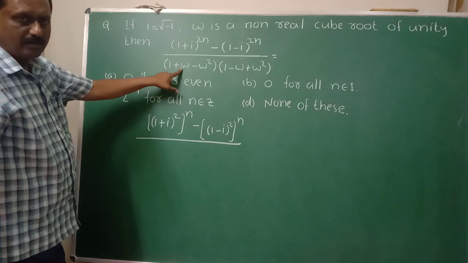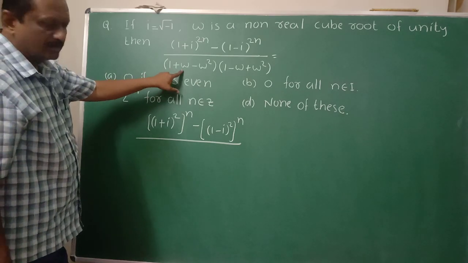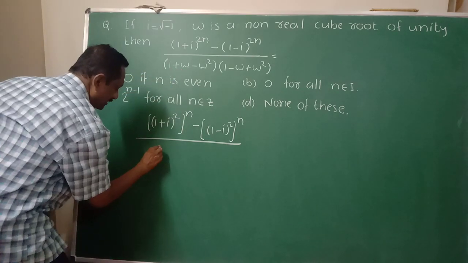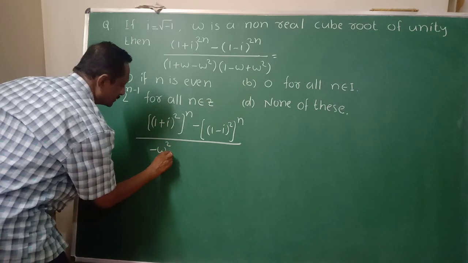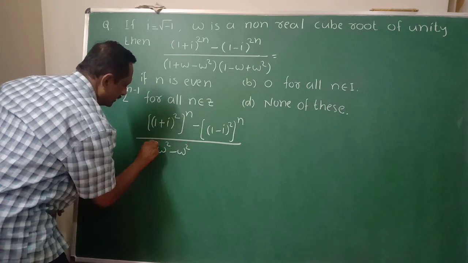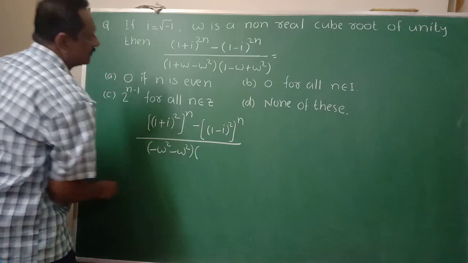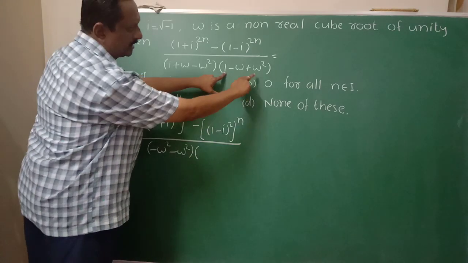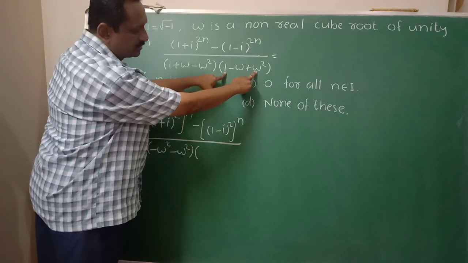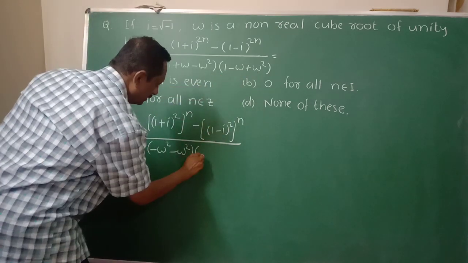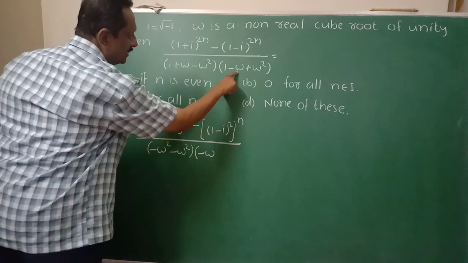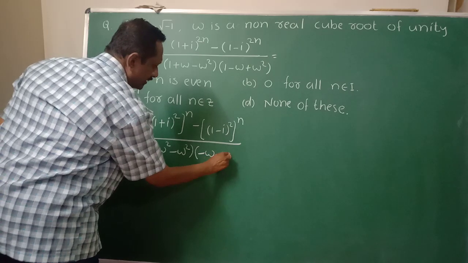Right, 1 plus omega is minus omega square. So minus of omega square into 1 plus omega square. 1 plus omega square is minus omega. So minus omega, and the middle term minus omega.